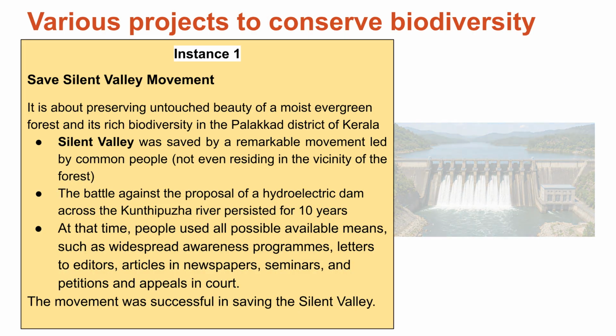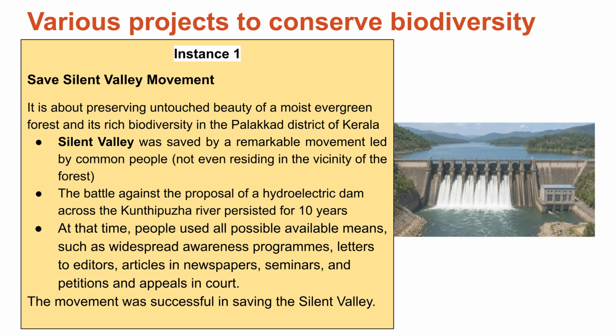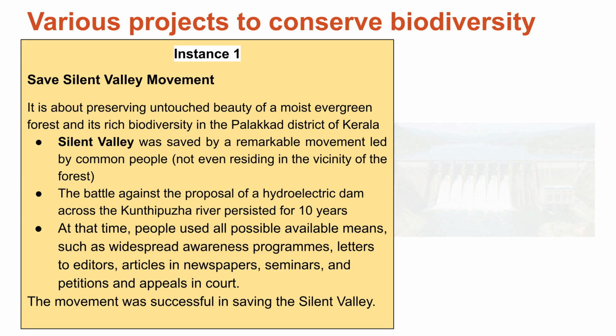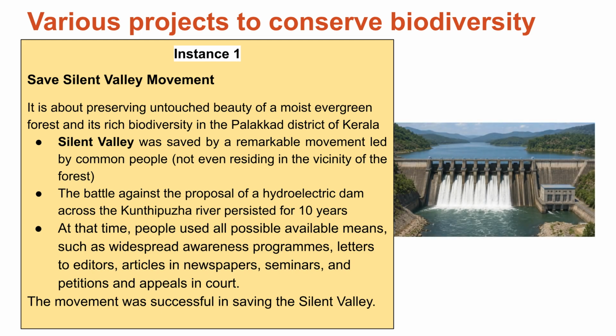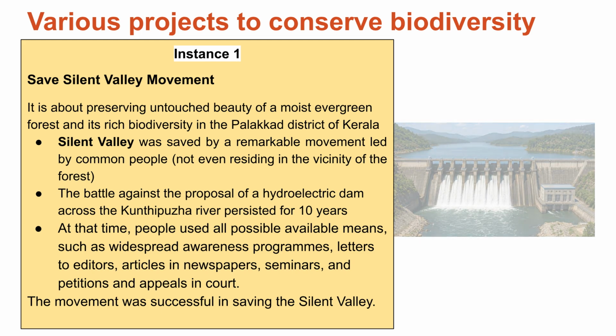What can we do to conserve our biodiversity? There have been various projects and movements done by communities all over the world. First example is the Save Silent Valley movement, which is about preserving the beauty of an evergreen forest in the Palakkad district of Kerala.